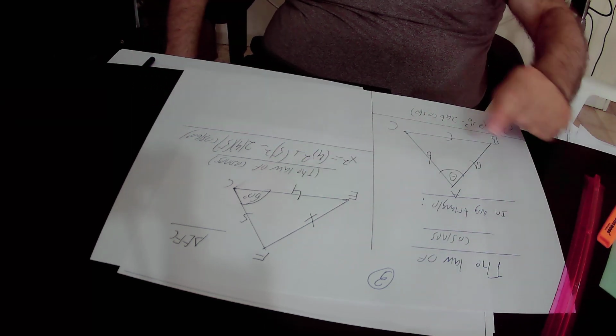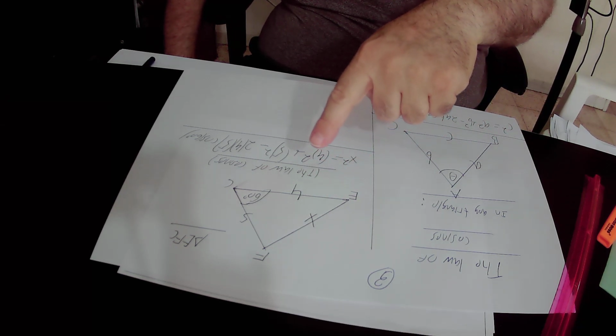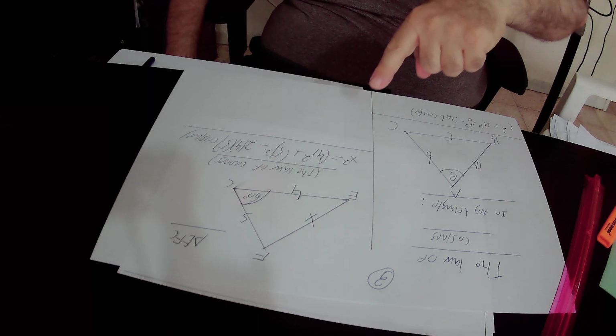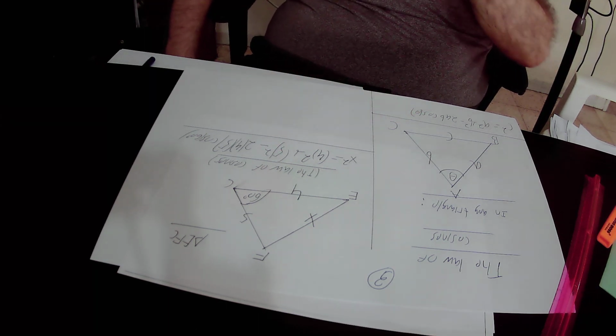I'll repeat again. In triangle EFC, x squared equals 4 squared plus 5 squared minus 2 times 4 times 5 times cosine 60 degrees.